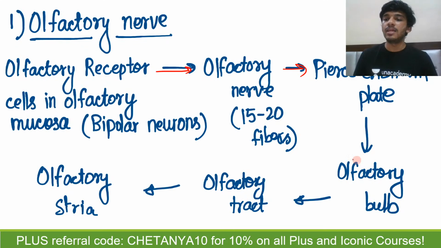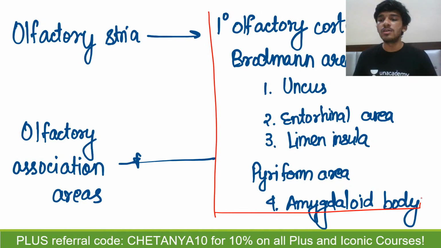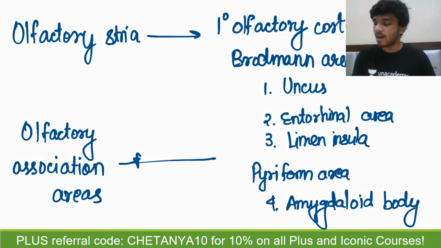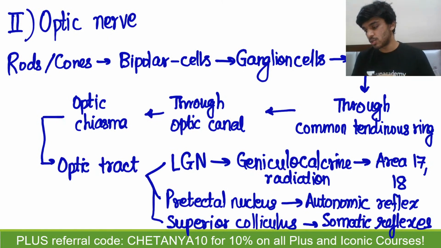Then it pierces the cribriform plate, enters the olfactory bulb, then moves to the olfactory tract, divides into the olfactory stria, and goes to Brodmann area 34, which is the primary olfactory cortex consisting of these four structures: the uncus, the entorhinal area, the limen insulae, and the amygdaloid body. After this, you can have some emotional associations based on olfactory association.